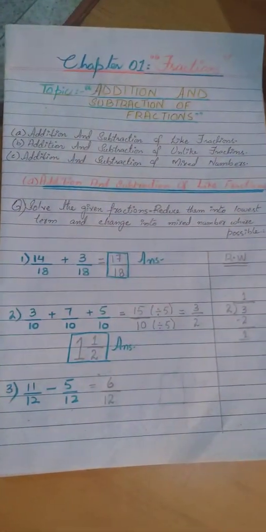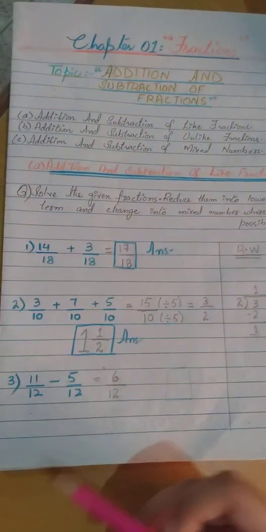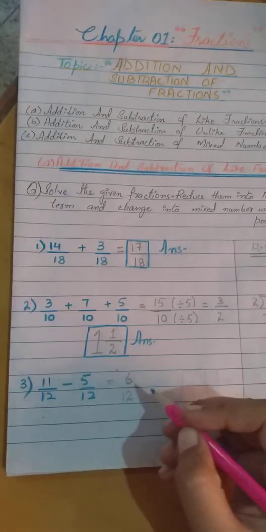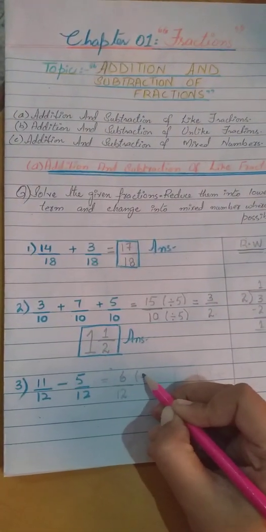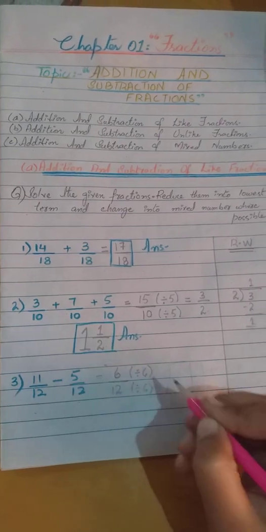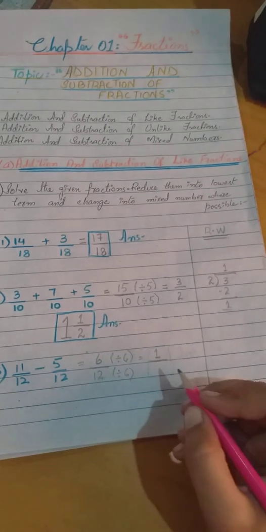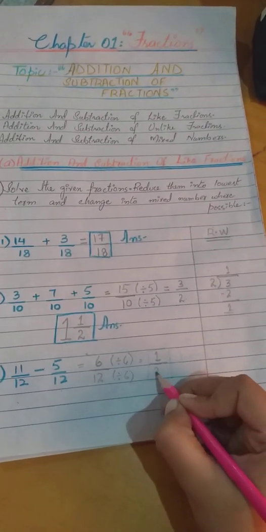6 upon 12 can be converted into the lowest term, or in other words, 6 upon 12 can be further reduced. So if we divide 6 by 6 and also 12 by 6, we will get 6 divided by 6 is equal to 1, and 12 divided by 6 is equal to 2.